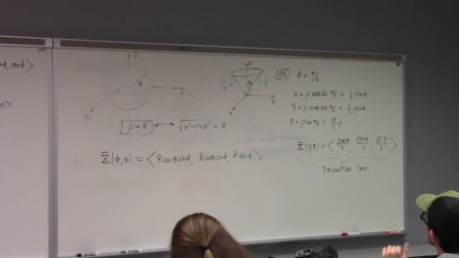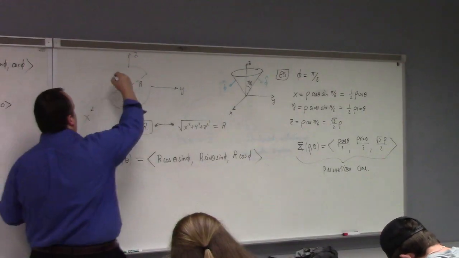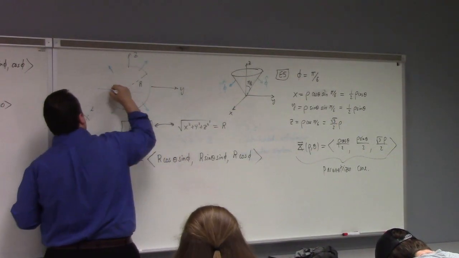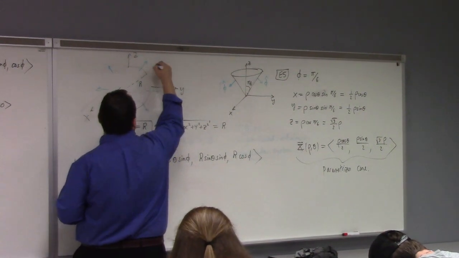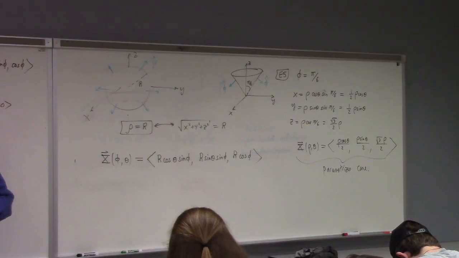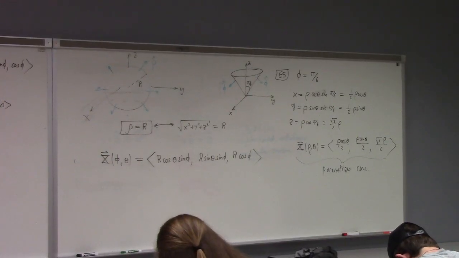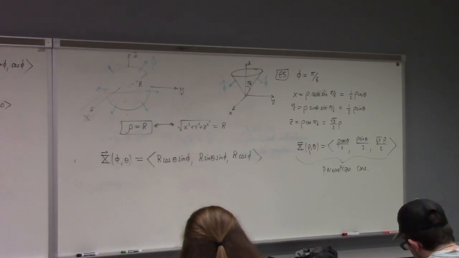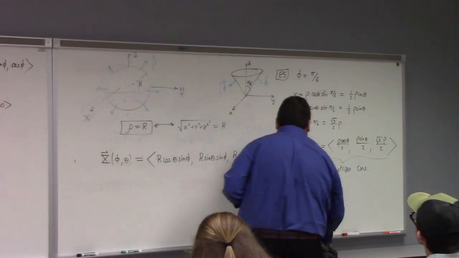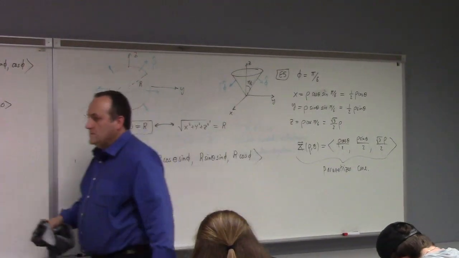The sphere, the normal to the sphere, guess what? Rho hat. So if we look at a surface of constant rho, rho hat points normal to that. Surface of constant phi, phi hat points normal to that. So as we study surfaces, these cylindrical and spherical frames are actually very helpful.